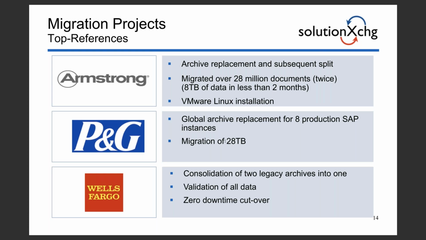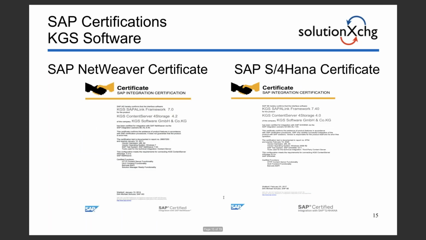That goes a long way to showing you that these projects can be either customer-driven or consulting-driven. Wells Fargo Bank asked us to consolidate 2 legacy archives into one new target archive. We did a full validation of all data and achieved a zero downtime cutover, basically cutting over in less than half an hour from the old to the new data.